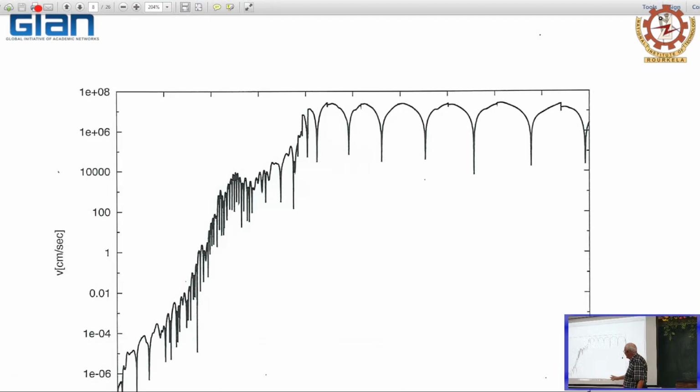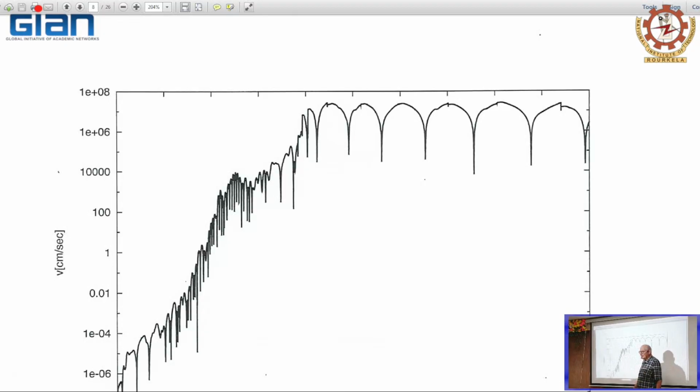But once you compare the periods in the linear regime, periods are denoted here by the distance of the vertical lines. Here they are much denser than in the final finite amplitude pulsations. So what happened here? The periods in the linear regime are not equal or are not related to the periods in the nonlinear regime.